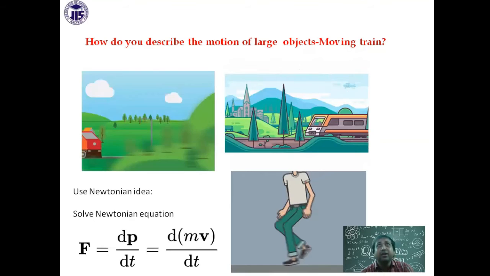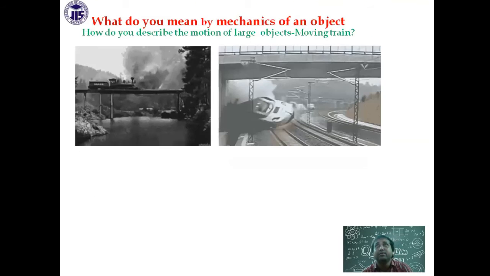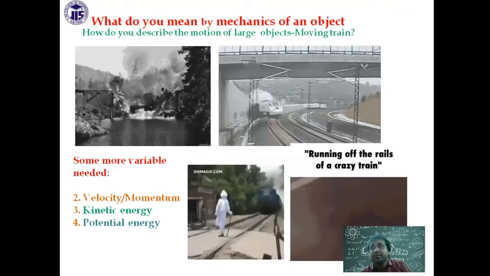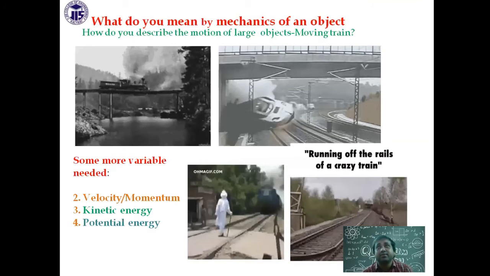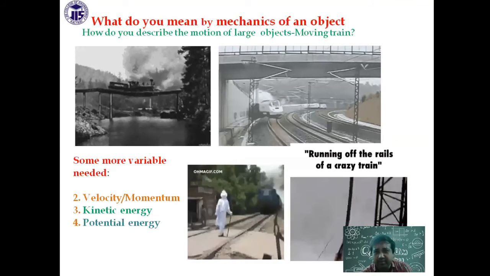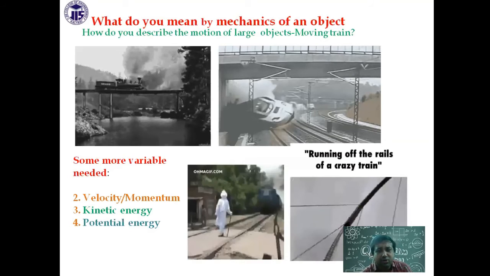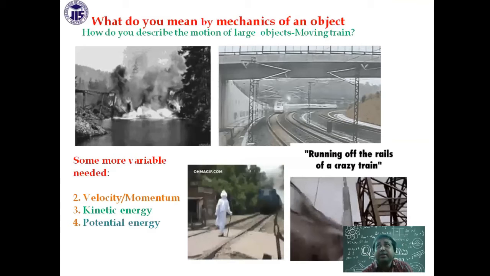Another option, these are a few beautiful examples. You see what is happening with the trains. You see it's collapsing. So basically, these are all mechanics problems. At the end of the day, it may collide, it may collapse. The moment I talk about collision, a few more parameters come into business.